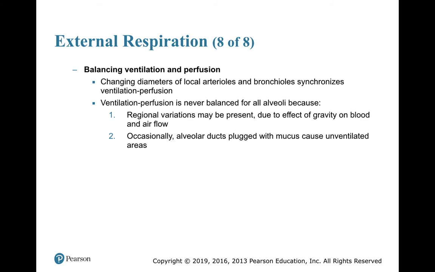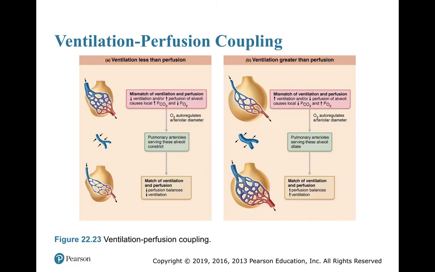Ventilation-perfusion is never balanced for all the alveoli because there are regional variations that may be present, which could be due to the effect of gravity on blood and airflow. Occasionally alveolar ducts become plugged with mucus and cause unventilated areas. When ventilation is less than perfusion, we have low ventilation and high perfusion of alveoli.